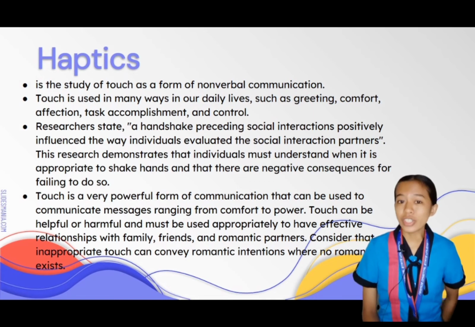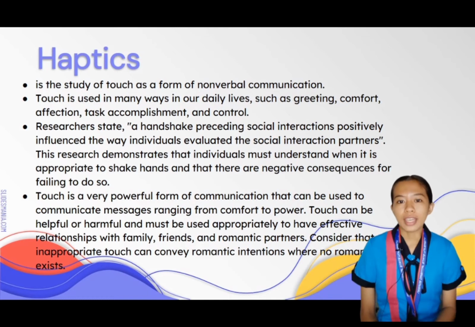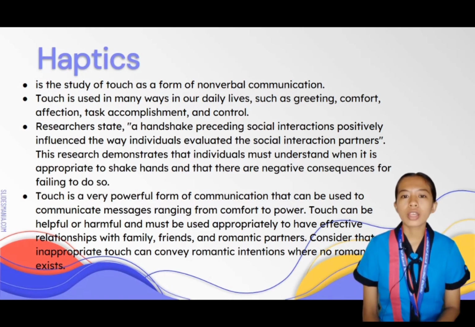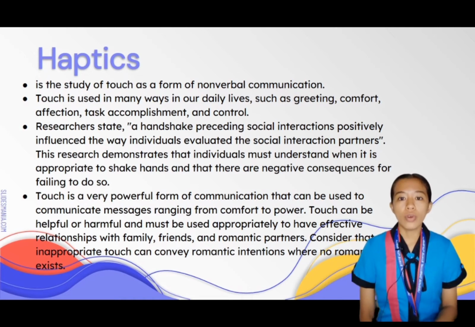Touch is a form of communication that can be used to initiate, regulate, and maintain relationships. It is a very powerful form of communication that can be used to communicate messages ranging from comfort to power.